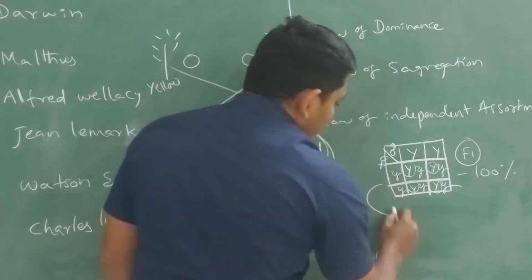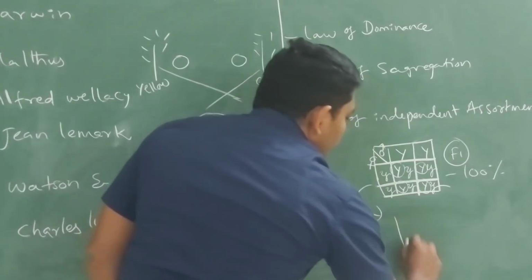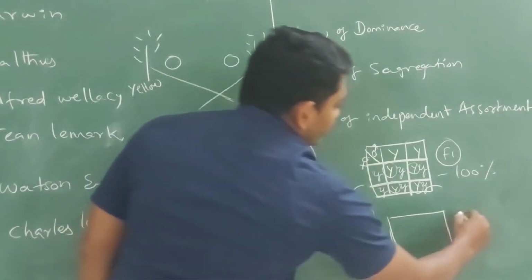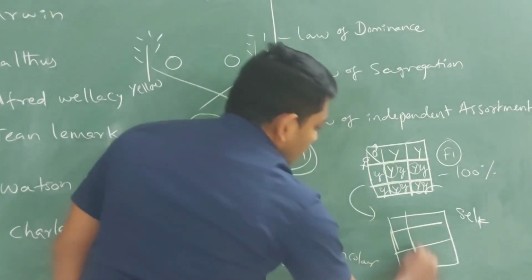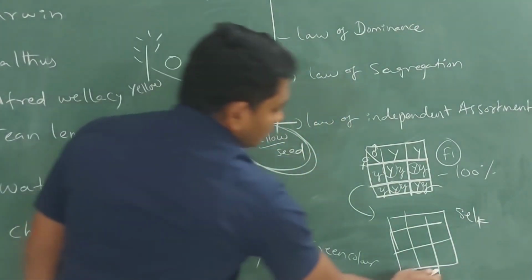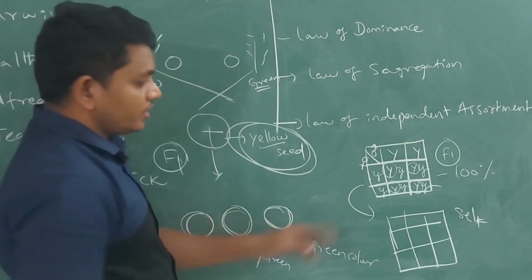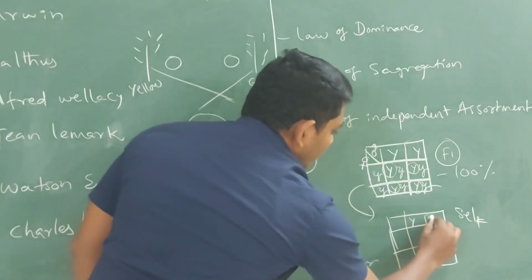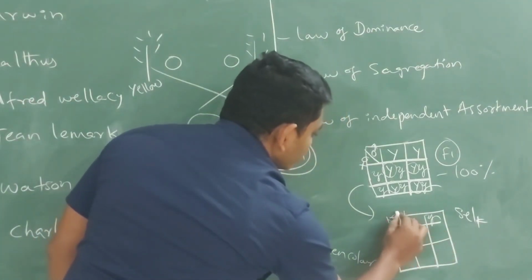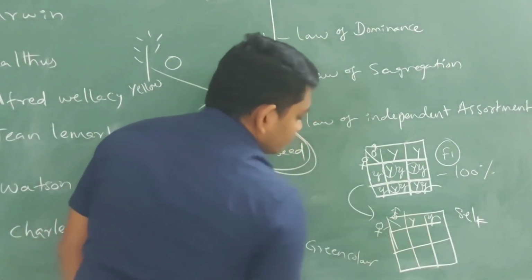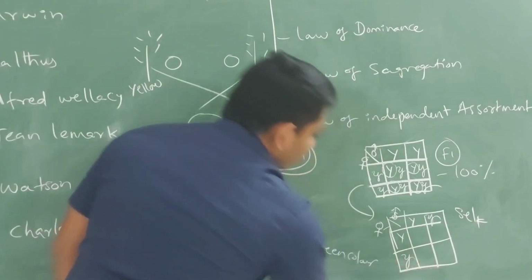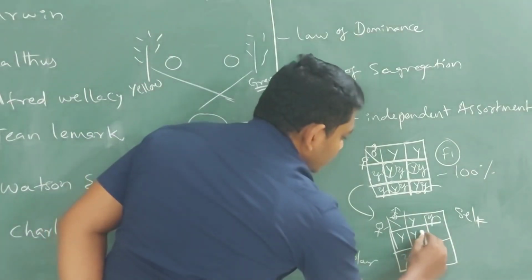If he did self pollination within the F1 generation, then capital Y, small y, capital Y, small y, what will come? Let us see.